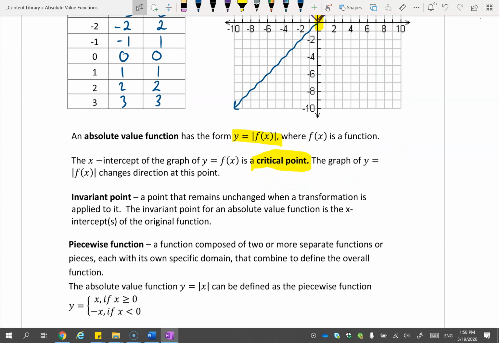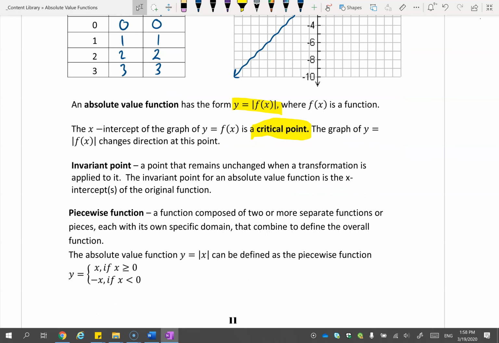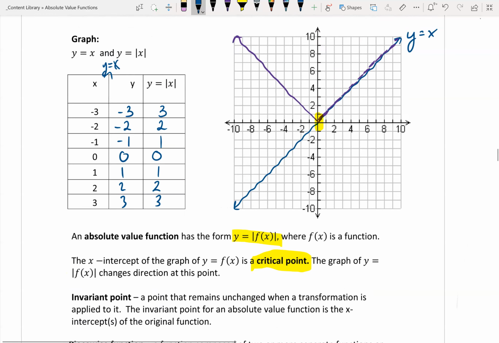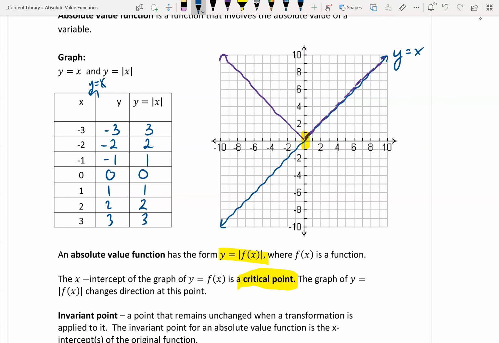We could also express our absolute value function as a piecewise function that looks like this. You would say the absolute value of x is x if our x value is greater than 0, and going back to our graph, we can see that on the right-hand side, this portion of the graph looks like y equals x.